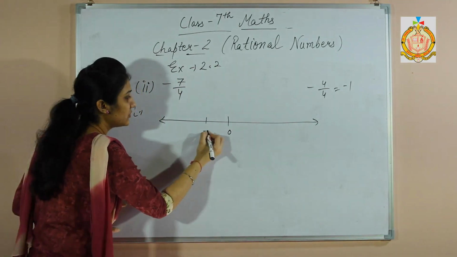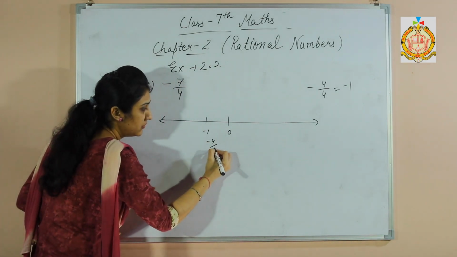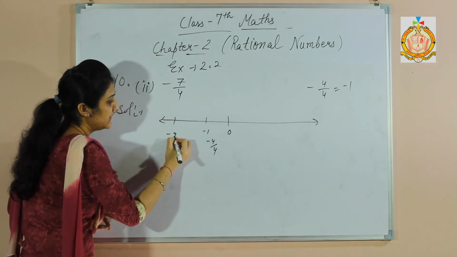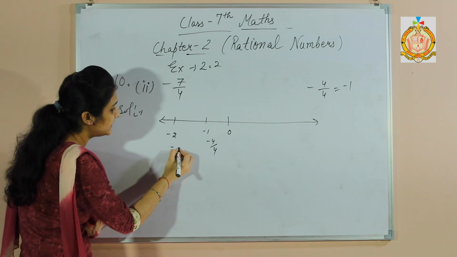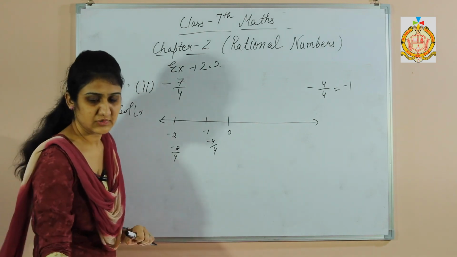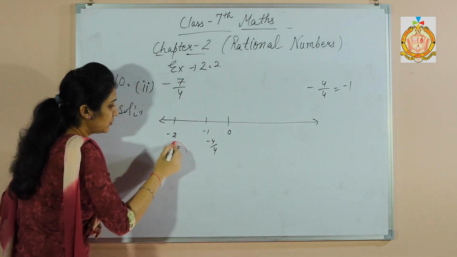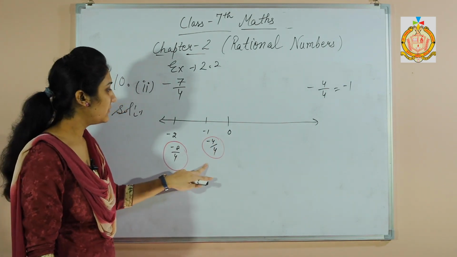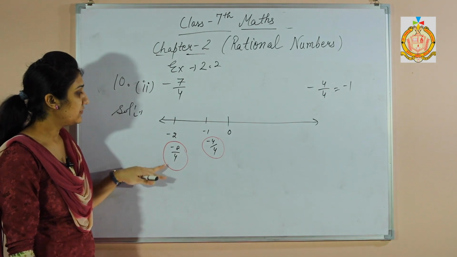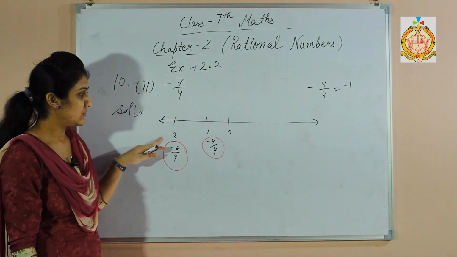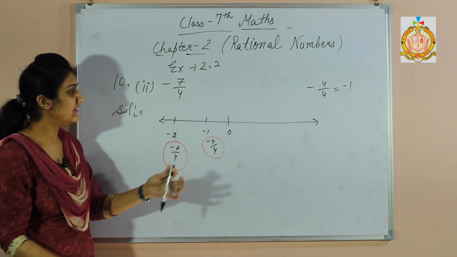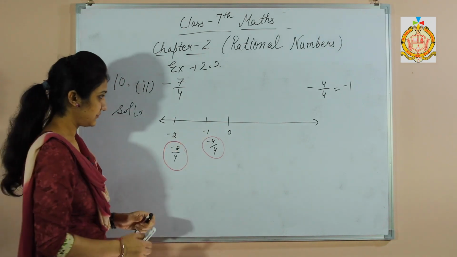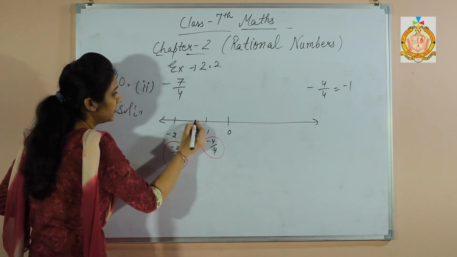So our minus 1 is minus 4 upon 4, and minus 2 is minus 8 upon 4. These are just to explain to you. Minus 4 by 4 is nothing but minus 1. Minus 8 by 4 is nothing but minus 2. Now it is 4, so we shall divide between minus 1 and minus 2 into 4 parts.